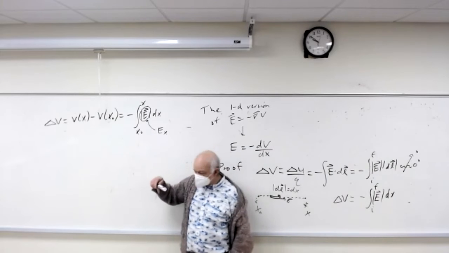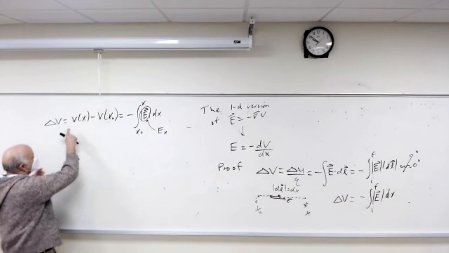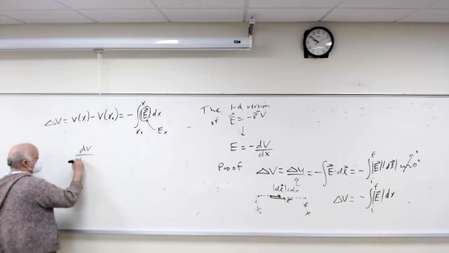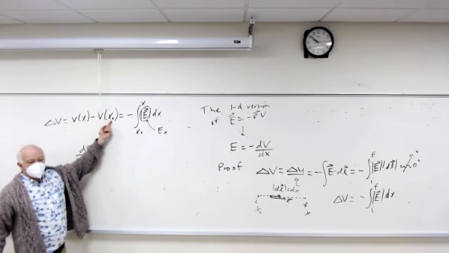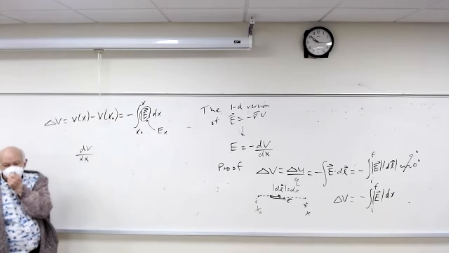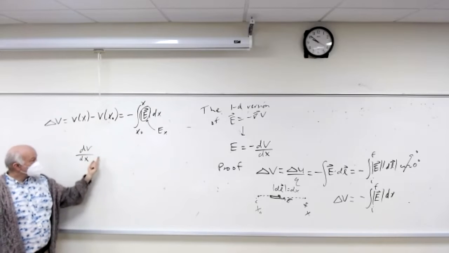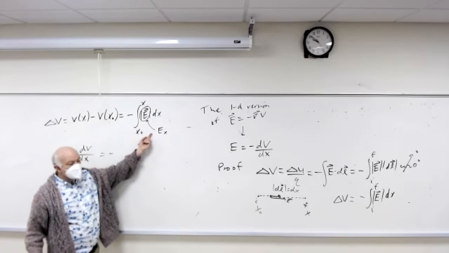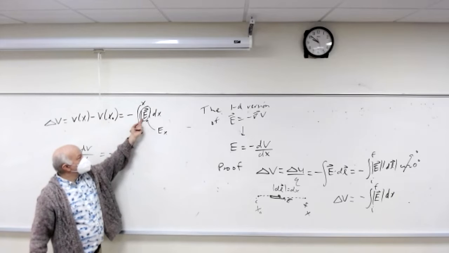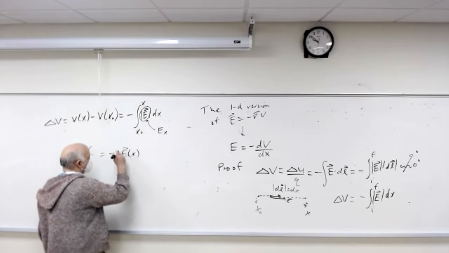It gets rid of it. So if we differentiate both sides, the derivative of the left is just dV/dx. What's the derivative of a function evaluated at a particular value? Zero, since it's a constant. So that gives me 0 equals minus the derivative of the integral, which just gives the function evaluated at that point: minus E evaluated at x.